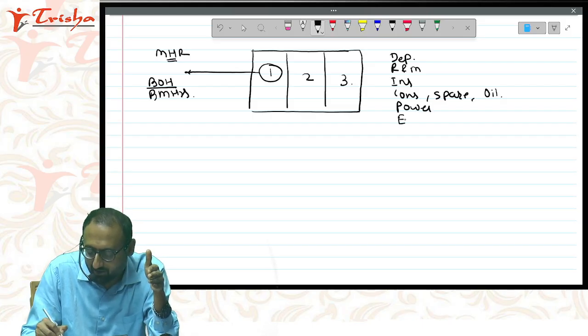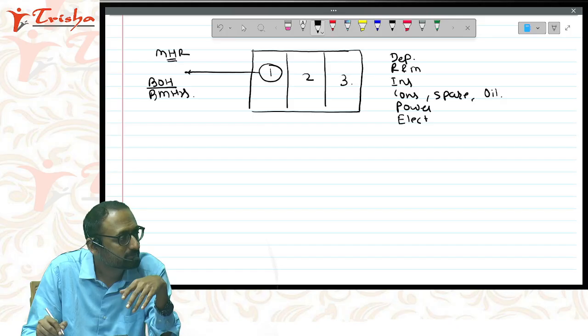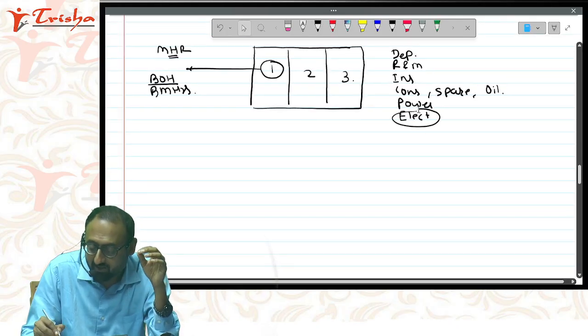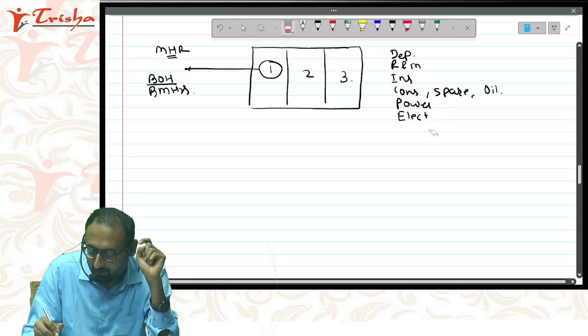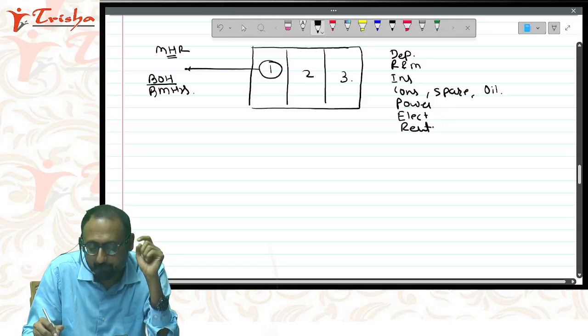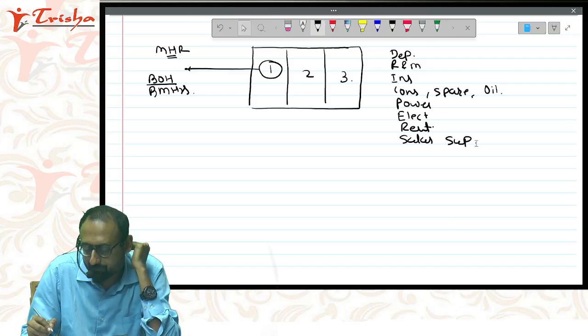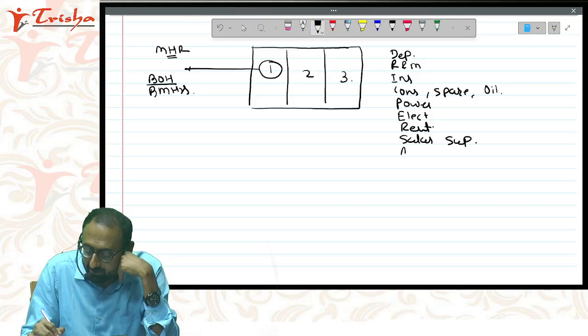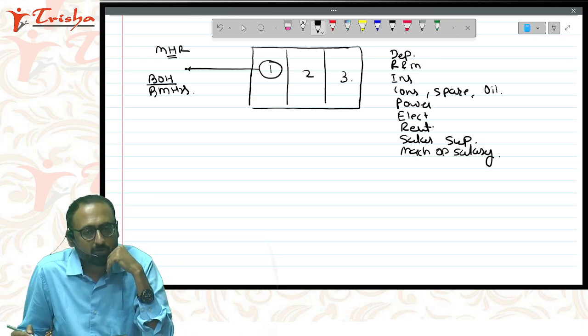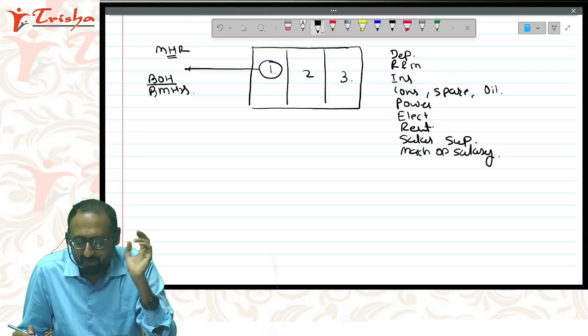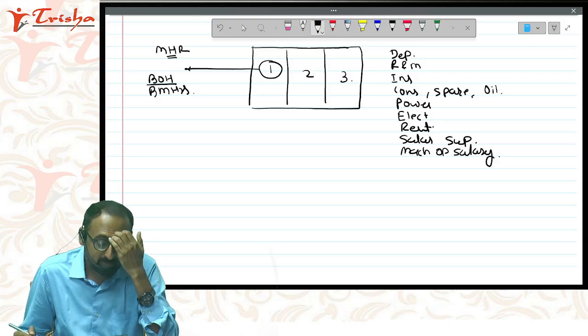Next, electricity cost of the department, rent of the department, then salary of the supervisor, machine operator salary. Okay, so these are some examples of the expenses.